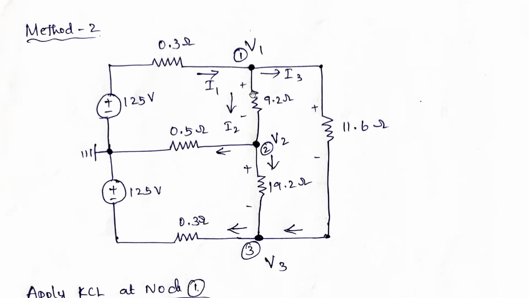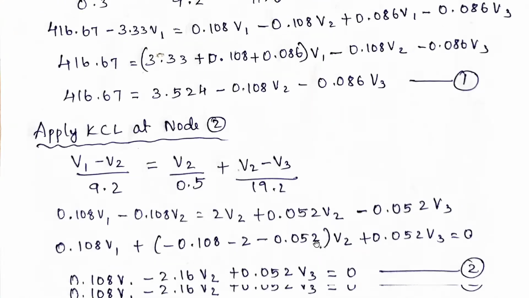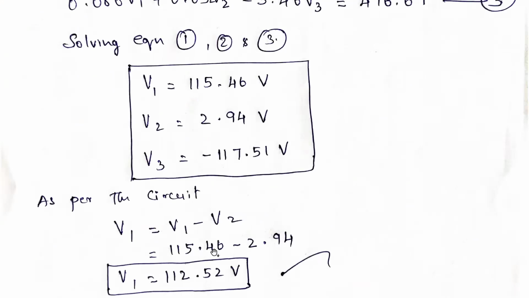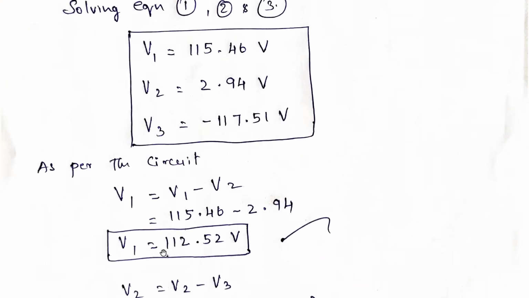V1 we calculated, that is 115.46 minus 2.94. If you simplify this, actual V1 is 112.52 volts.